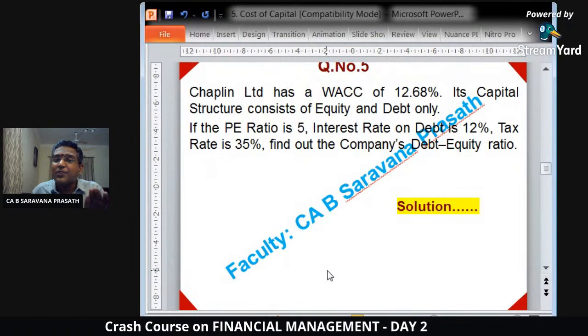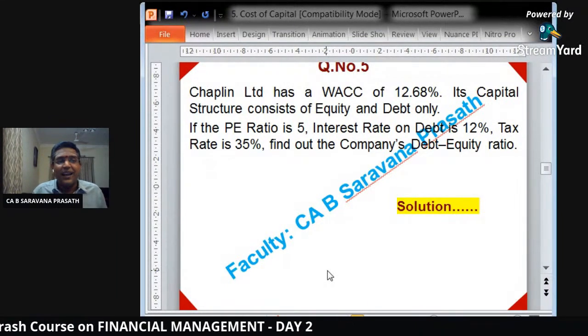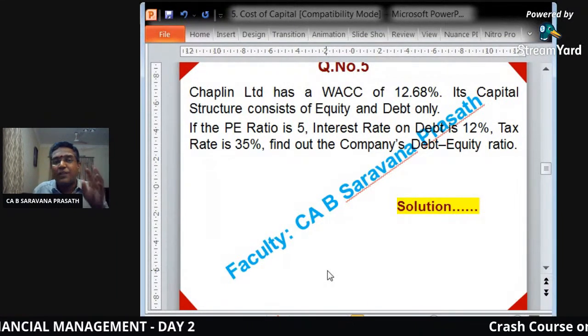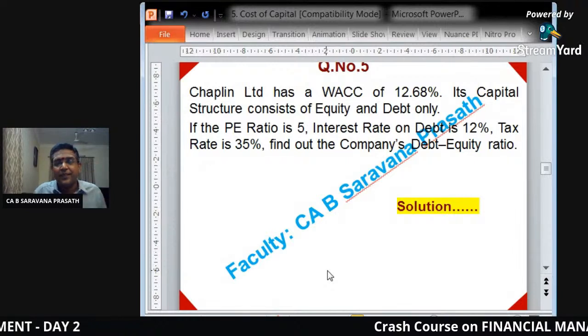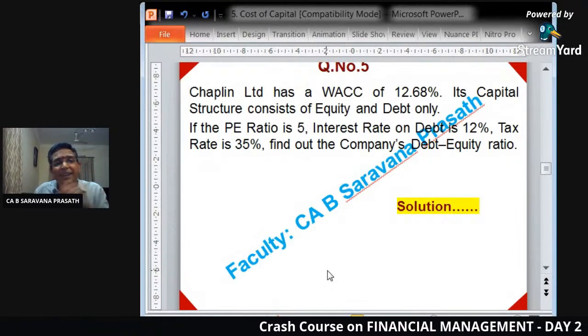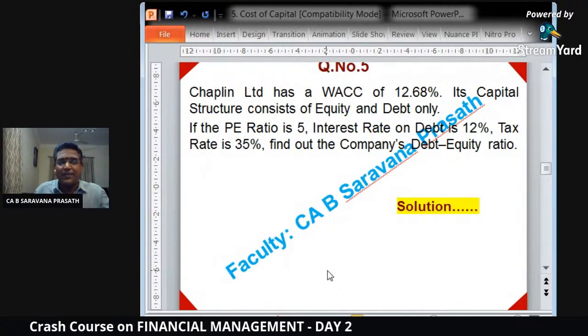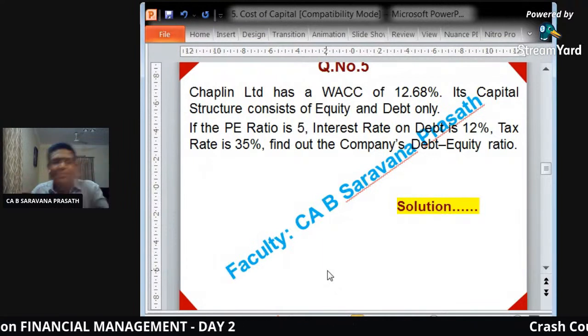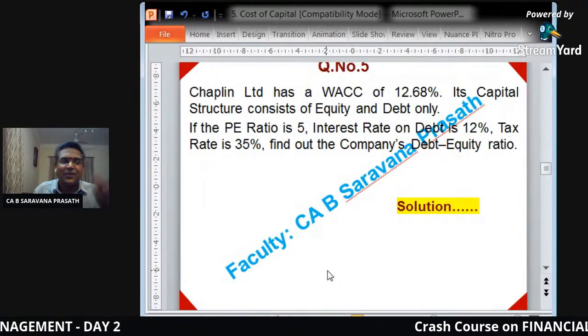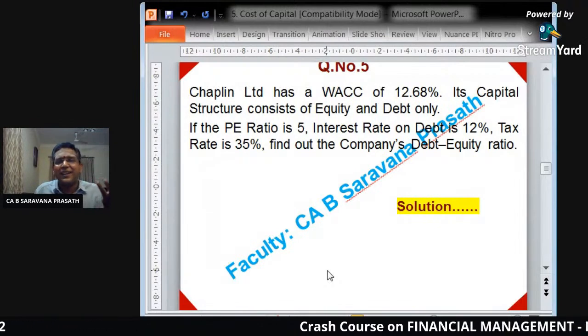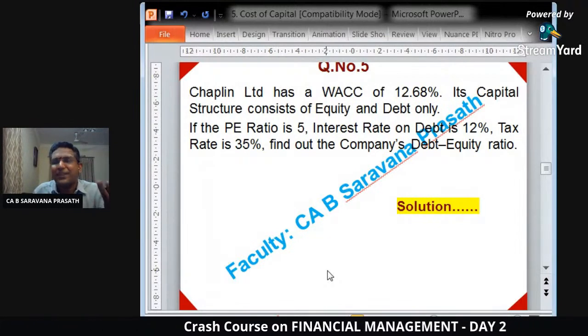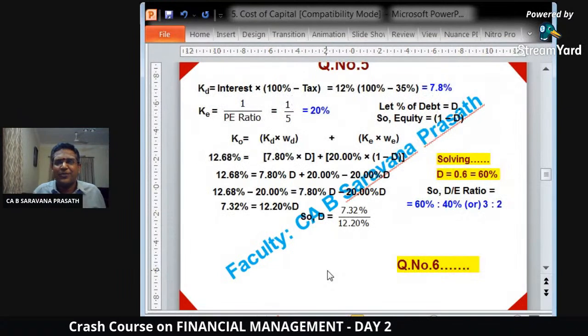Now debt equity ratio alone I have to calculate. Let the ratio of debt be D. So equity will be 100% minus D. Debt and equity is the total capital. So debt is D, and 100% minus D is equivalent to equity. Instead of 100% minus debt, I call it 1 minus D. Observe the solution here.